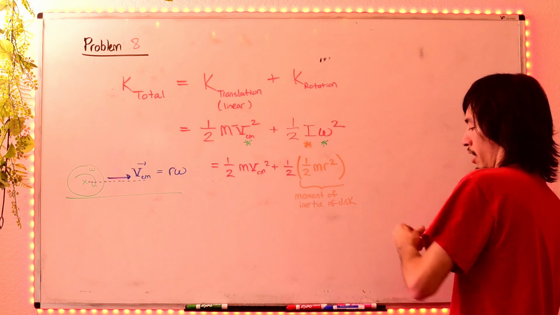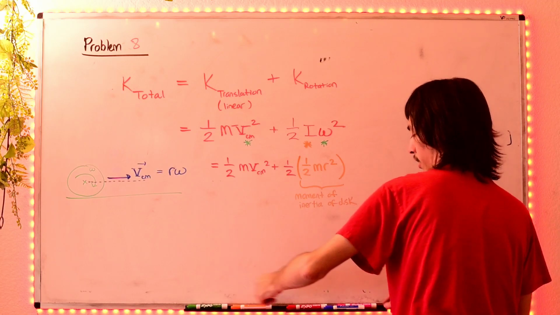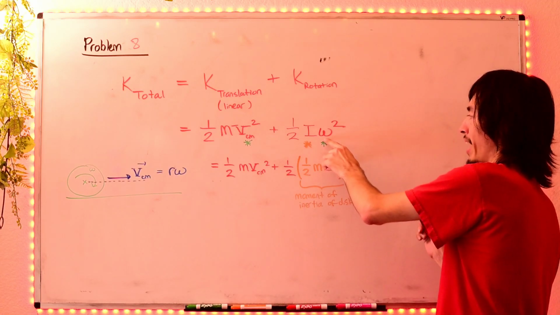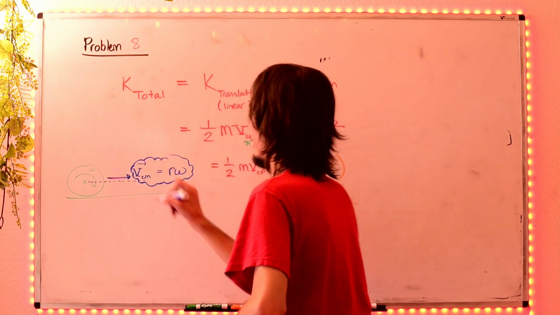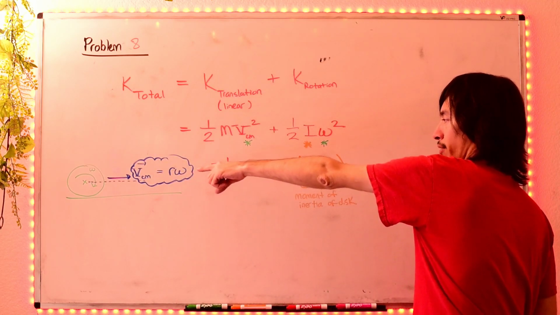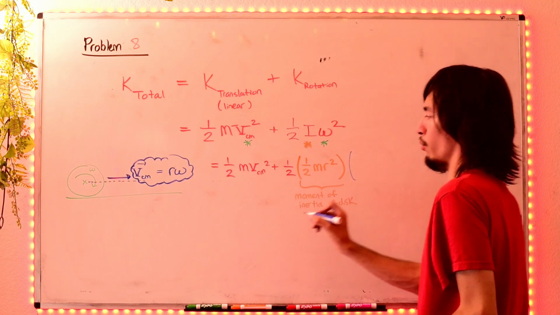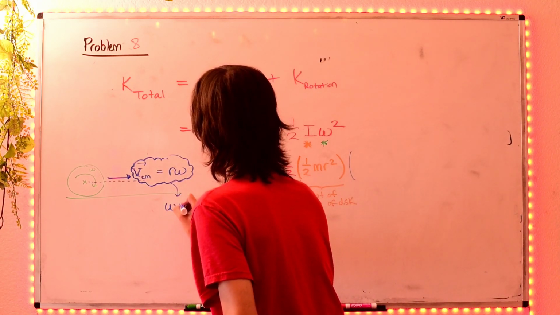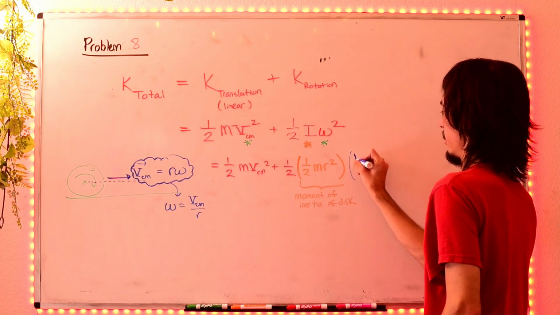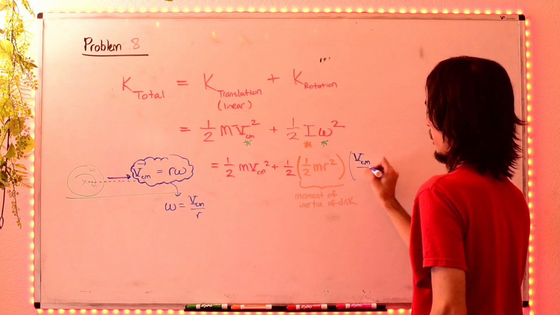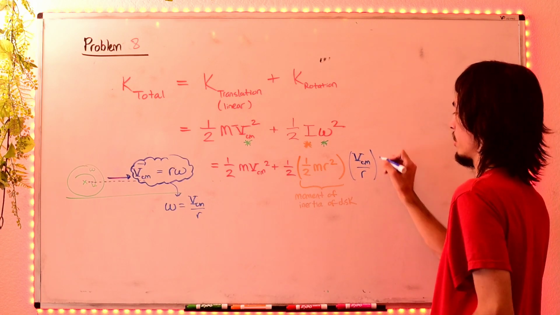Okay. And we're going to substitute omega as the relation to the linear speed of the center of mass. So we're going to replace it with omega equals v center of mass divided by r. So v center of mass divided by r, and don't forget that it is squared.